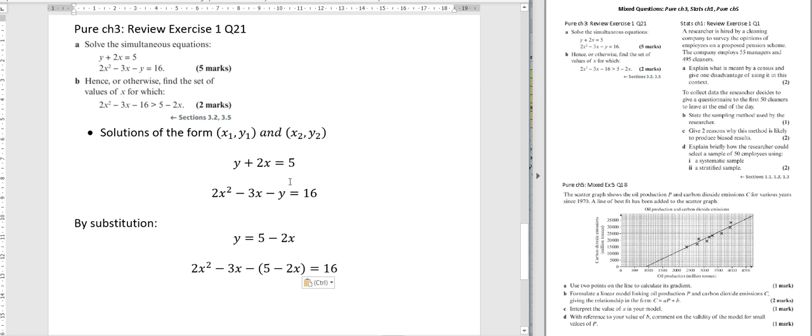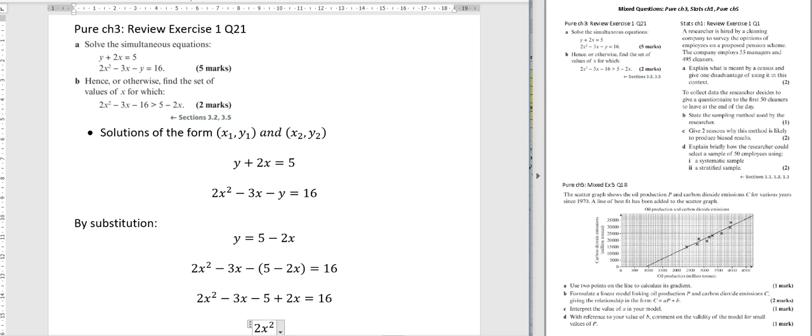This will work even if you've got a y squared in here. All it means is we're taking two equations involving two unknowns and converting it into a situation where you have one equation, potentially quite a complicated looking one, but involving only one unknown. And that allows us to take that equation forward and solve it. If we simplify this a bit, taking care with those negative signs, we get this.